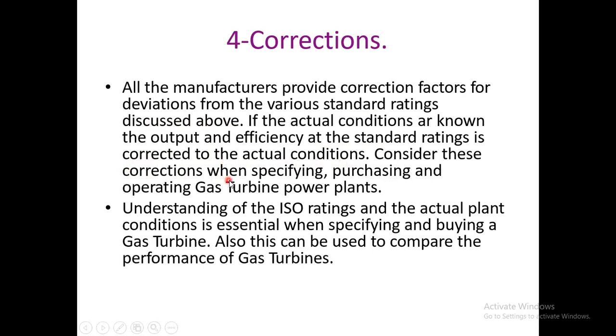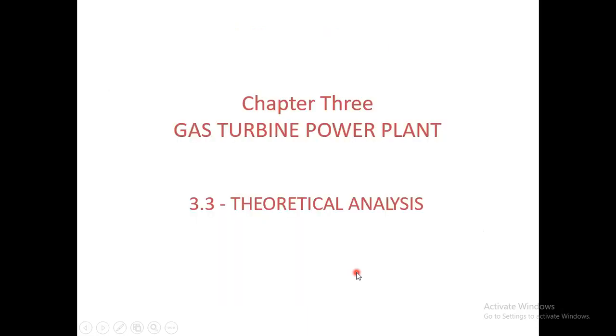Consider these corrections when specifying, purchasing, and operating gas turbine power plants. Understanding of the ISO ratings and the actual plant conditions is essential when specifying and buying a gas turbine. Also, this can be used to compare the performance of gas turbines.